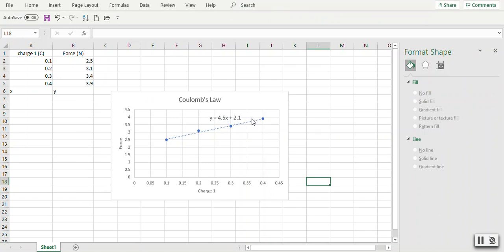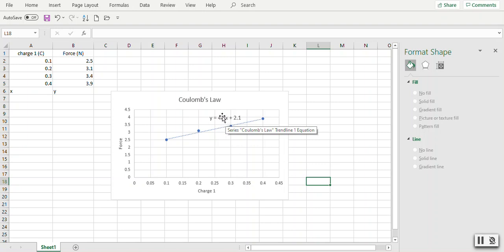So the relation with the charges is linear, and an increase in the charge implies an increase in the force. So the equation I got is the equation of a line. If you go back to your knowledge of college algebra, you will remember that in this equation, y equals 4.5x plus 2.1, 4.5 is the slope.